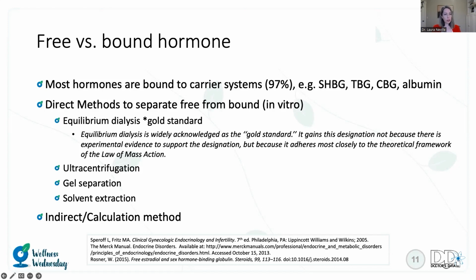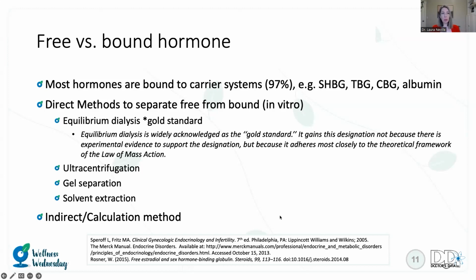Okay. So equilibrium dialysis. The other one is, I think I wrote this incorrectly on this slide, it's called centrifugal ultrafiltration. So that is the other type. There is also gel separation or solvent extraction, which aren't as accurate, I would say. It's mostly equilibrium dialysis and centrifugal ultrafiltration that are the most common.